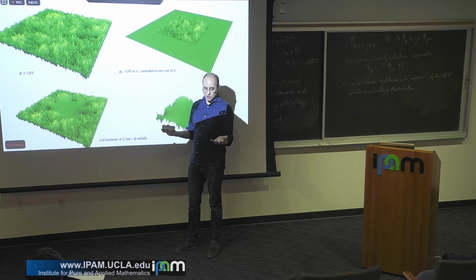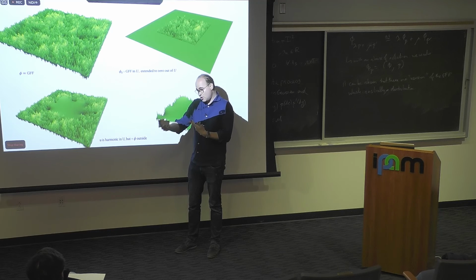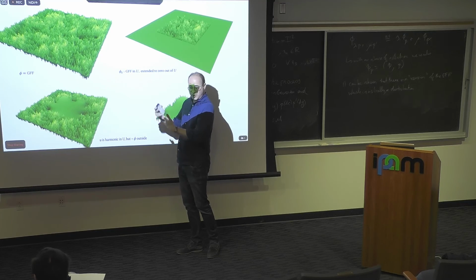This is not a surprise because the GFF tries to be harmonic. It tries as hard as it can. So if I condition on the values of the field outside of U, the mean value everywhere else will be a harmonic interpolation of the boundary data. But there's more than that.